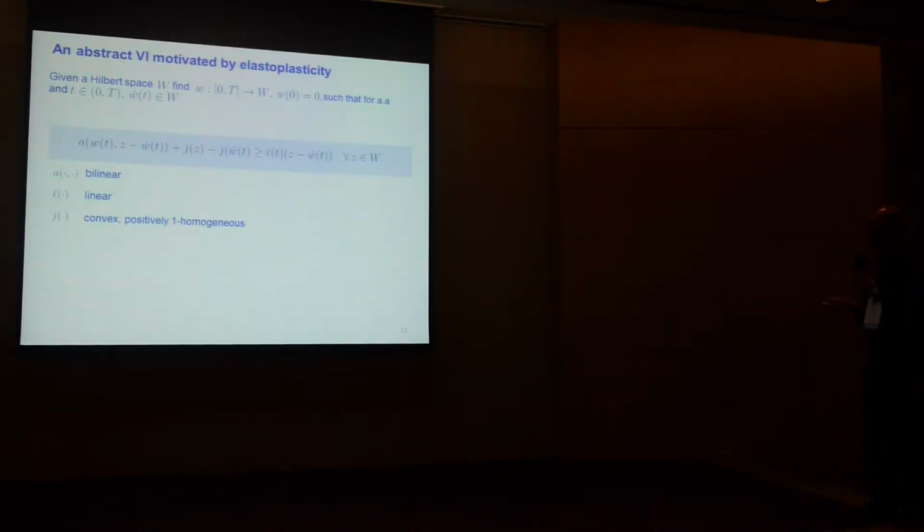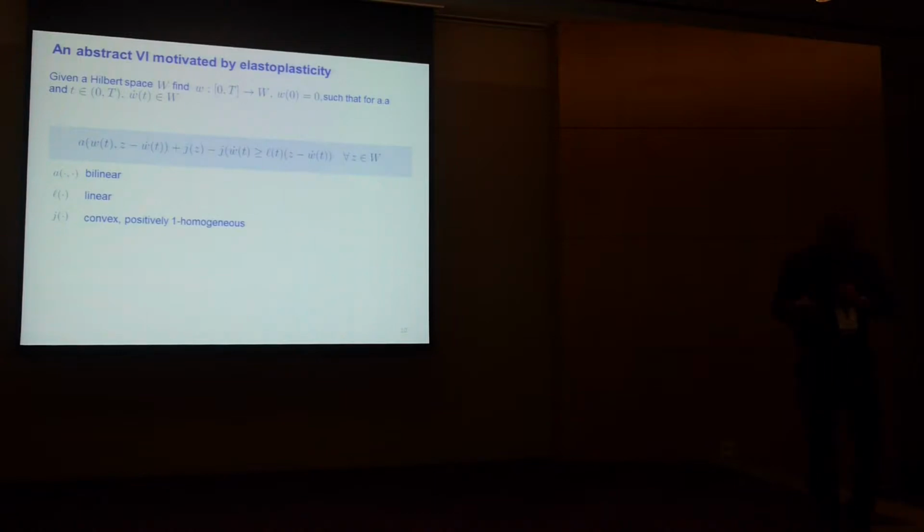So, this here is a bilinear form, and you can think of the kind of bilinear form I showed a moment ago. This here would typically be, well, it is in fact convex and positively one-homogeneous, so think of a mod function, so not differentiable at the origin, and L is linear.